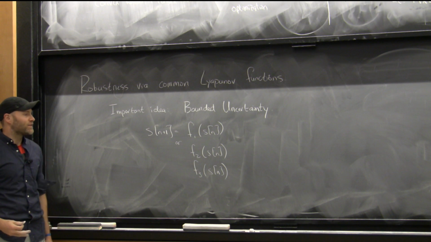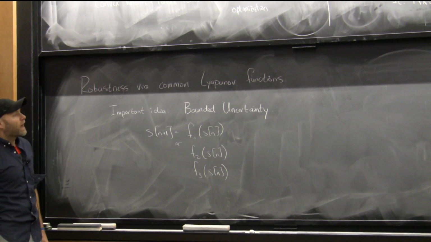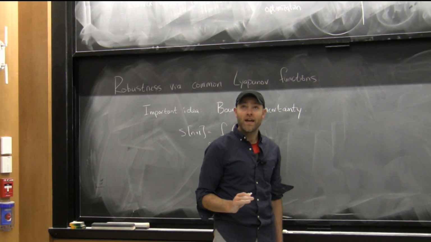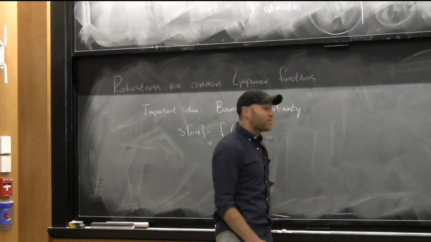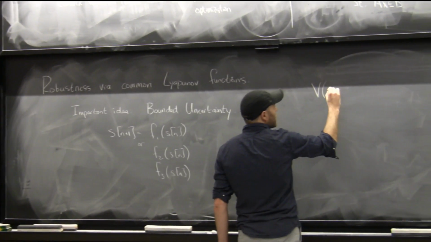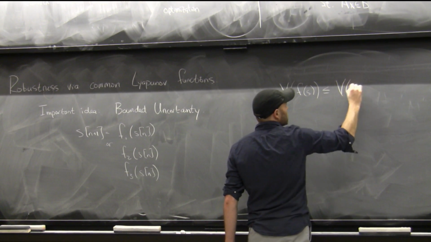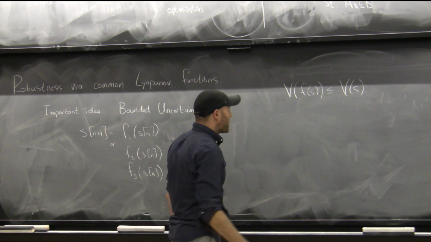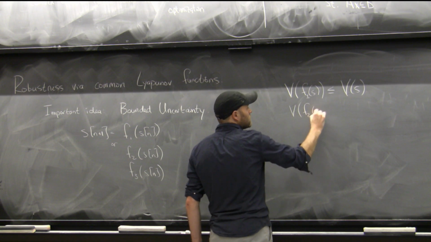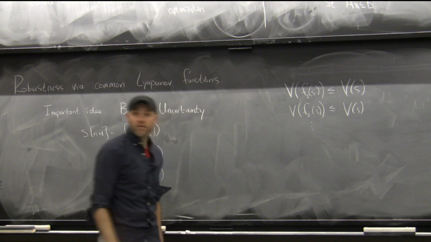So you'd like to somehow say that for any of these robots, I'd like my controller to work. How does that snap into the equation? Well, it's harder, and sometimes too much to ask, but it's very natural to say: I said I want V of F of S to be less than V of S. What if I now say I want to find a function that satisfies this for F1, F2, F3, and so on?